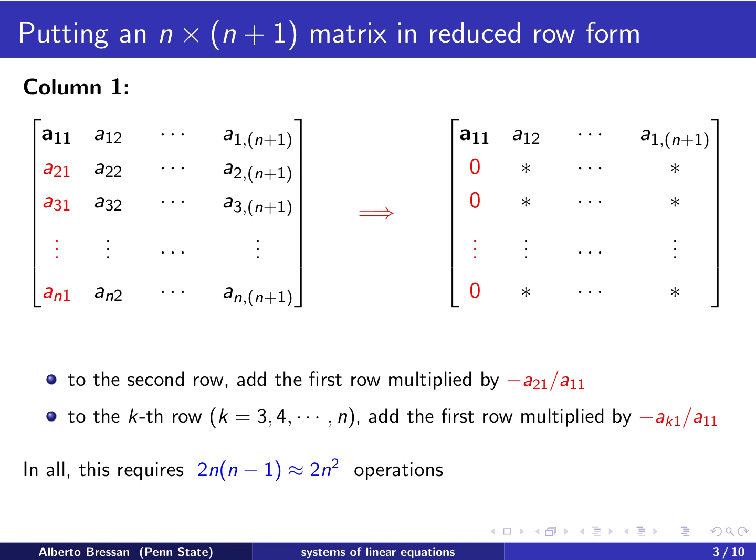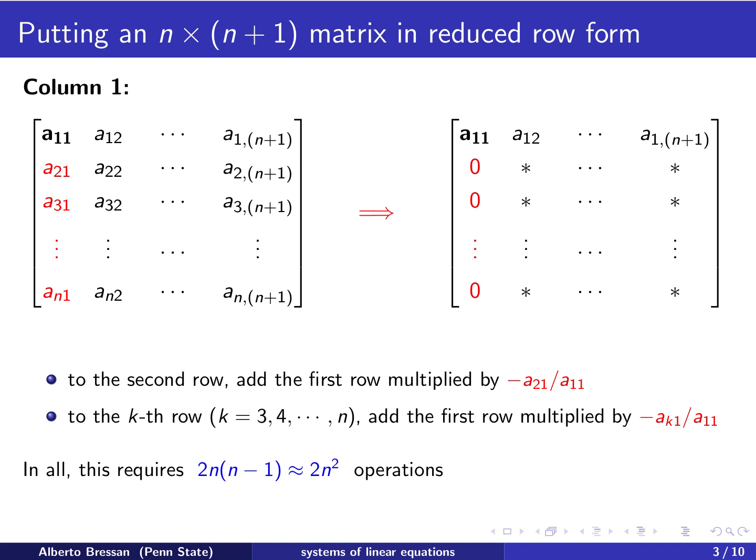So for each of these rows, the operation number is 2n, and then we have to do this for n minus 1 rows because we don't need to do it for the first row. So the required operation count would be 2n times n minus 1.